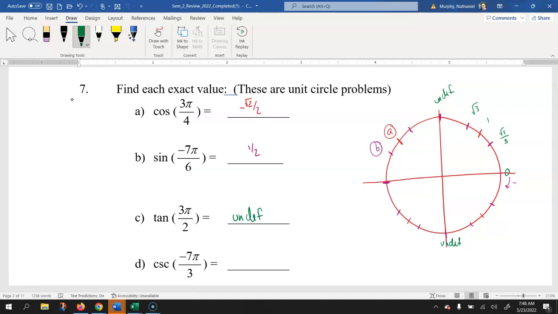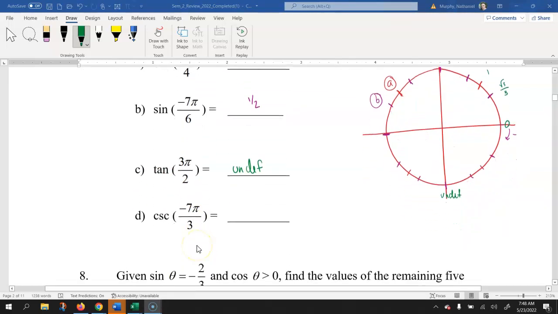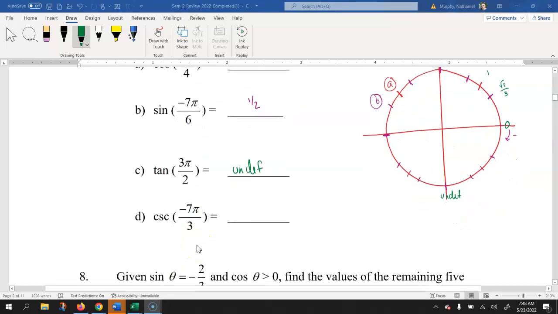All right, let's look at the last one here. On the last one, we're going to have to do a little bit of work. For the beginning here, they ask us to find the cosecant of negative 7 pi over 3. The cosecant is the reciprocal of the sine function. So if we found the sine value of negative 7 pi over 3, we would just take the reciprocal of it.